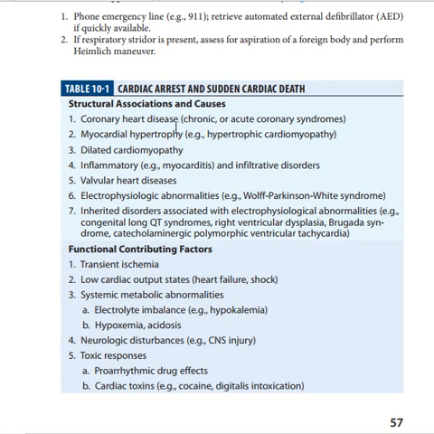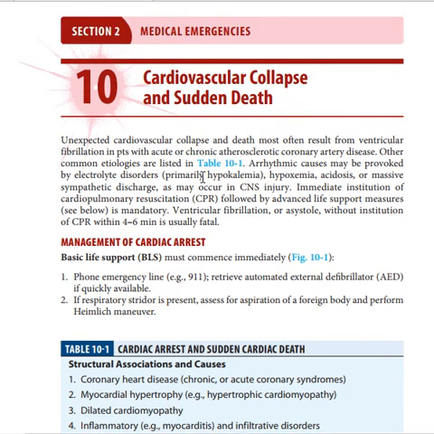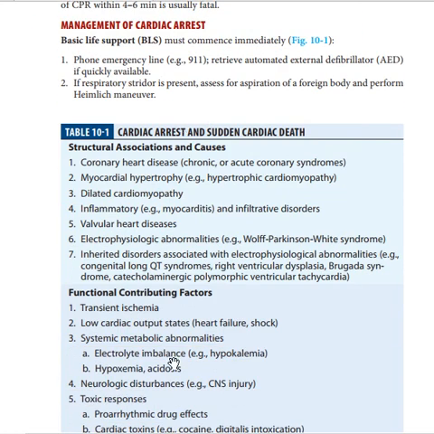You need to know that the main pathophysiology underlying cardiac arrest is an arrhythmia. So anything that can cause an arrhythmia is capable of causing sudden cardiac death or cardiac arrest or even a heart attack. So these are the different things here.